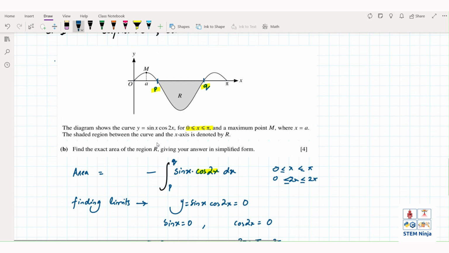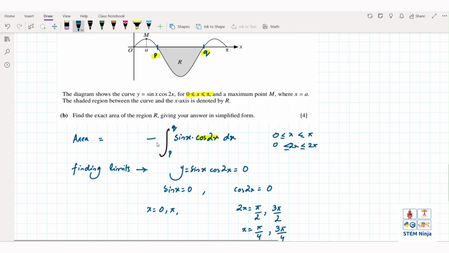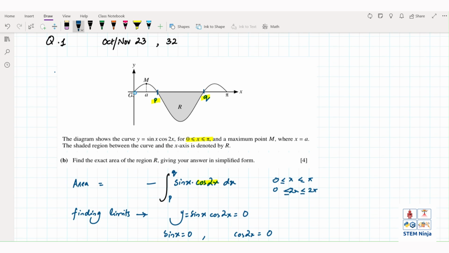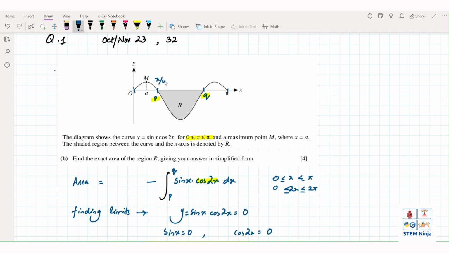So these zero crossings are now easily understandable for us. If these are 0 and pi, these will be pi by 4 and 3 pi by 4.